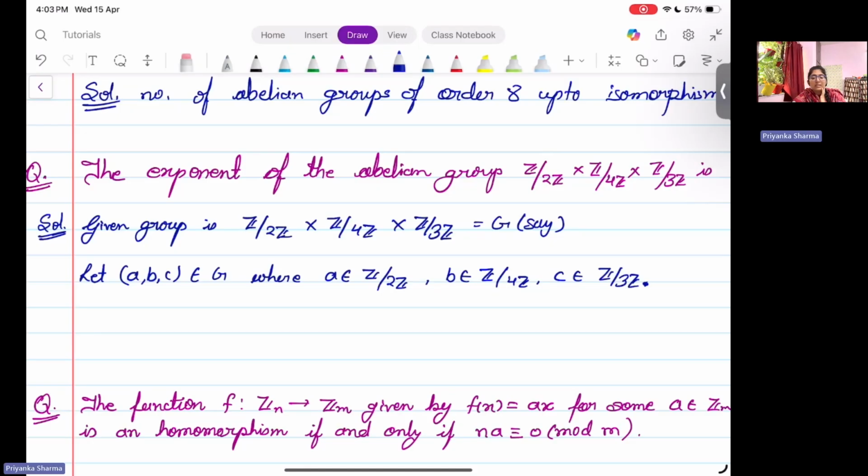So what will be the possible highest order of elements in this? That will be the order of the group, corresponding to the generator of this group.